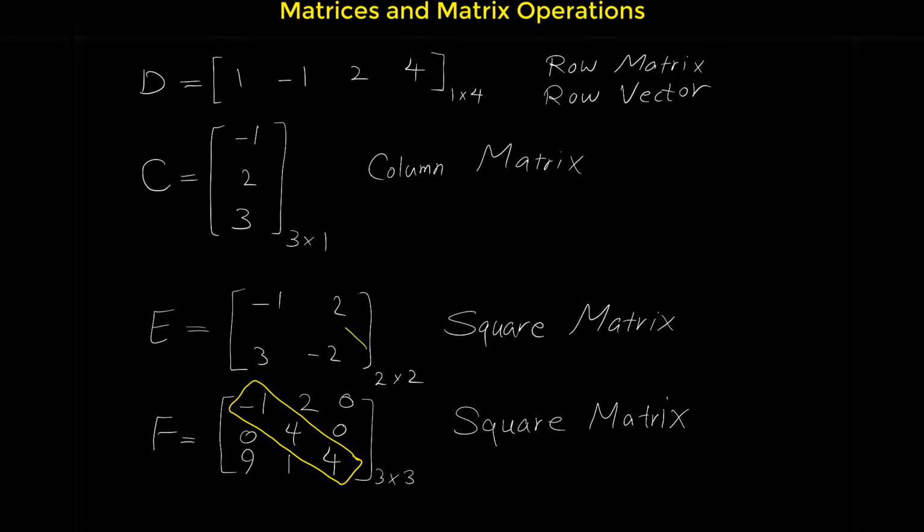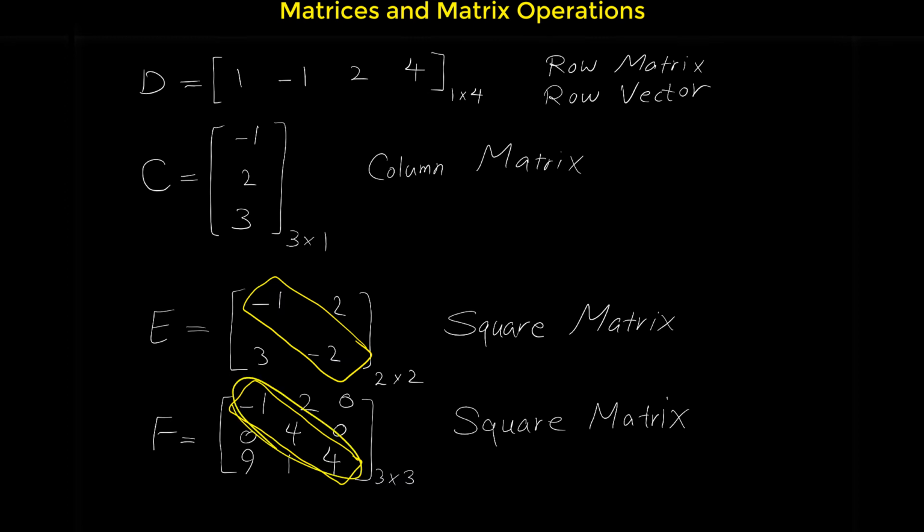For example, in this matrix, this is the diagonal of the matrix. So -1 and -2 are the elements of the diagonal of this matrix, and -1, 4 and 4 are the elements of the diagonal of the matrix F. So now we know the definition of the main diagonal of a matrix.